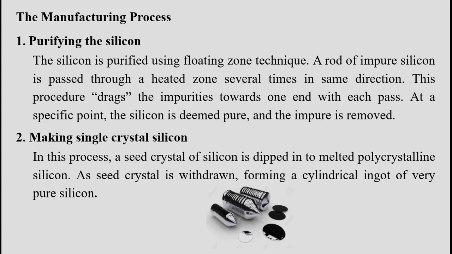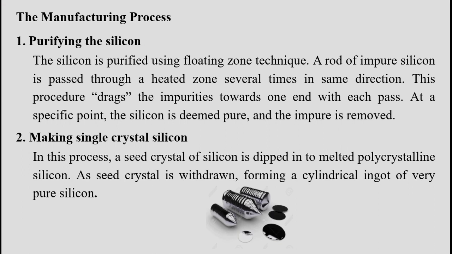The furnace is heated above 1500 degrees Celsius. A seed of crystal silicon is dipped into melted polycrystalline silicon. As the seed crystal is withdrawn, it forms a cylindrical ingot of very pure silicon.